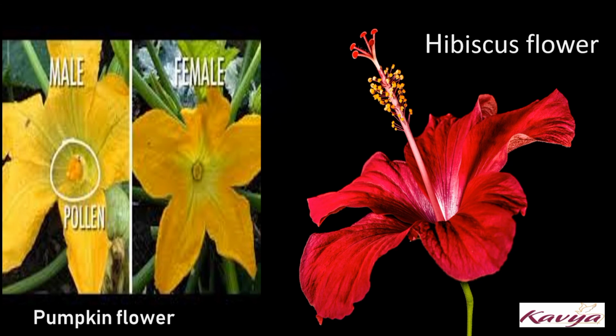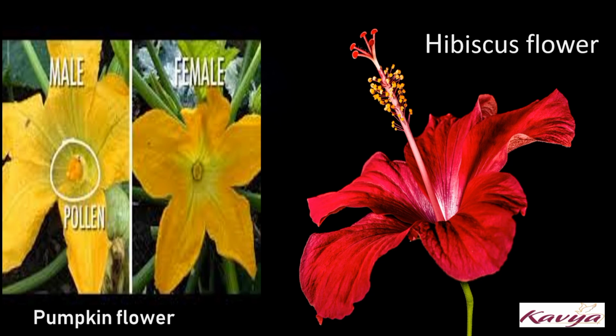Some flowers like hibiscus consist of both male and female parts, but other plants have either the male or the female reproductive part, not both. For example, in papaya and pumpkin, you can see here the pumpkin has a male flower and a female flower.